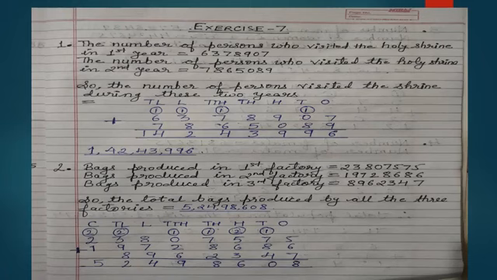First arrange column wise and then start adding from the ones place. After adding, the answer will be 5 crore 24 lakh 98,608.